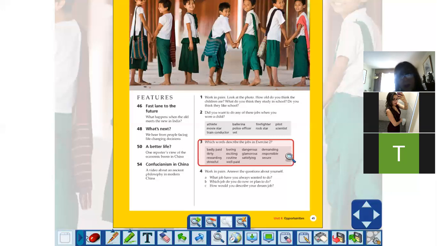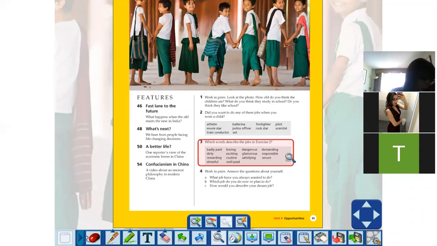Most of the jobs, I think we have to be responsible. Don't you think so? Yeah, I think in all of these lists, all of them require responsibility. Especially for a police officer, because they have a lot of tasks and a lot of work to do all the time, and they even have to work on holidays or vacations and all of that. So I think they are very responsible when it comes to that, because they're always available.